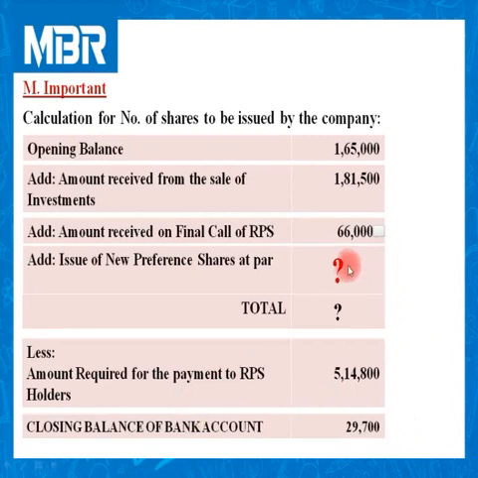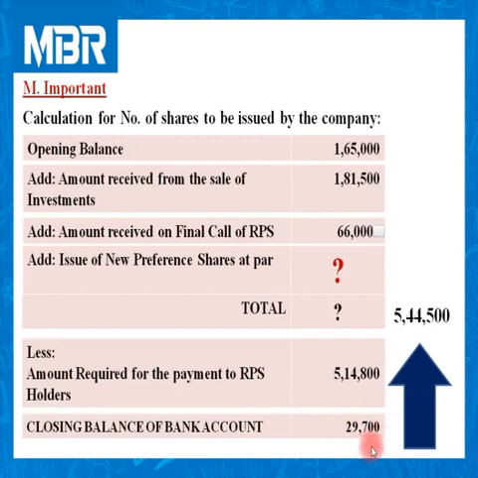Now we need to fill these two blanks. So we need to calculate in reverse order. First, consider the amount payable to RPS holders, 5,14,800, and amount required in the bank account at the end, 29,700.